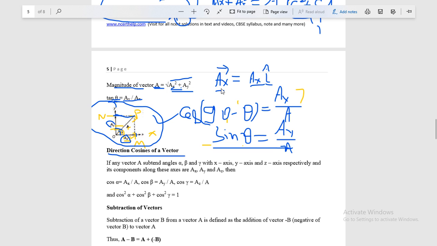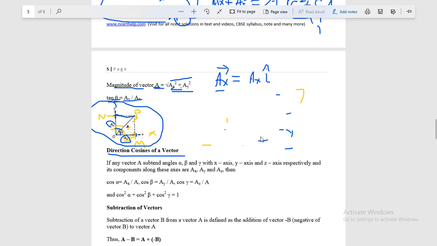Okay, now similarly for the y-axis you can write, so let me erase this part. Along the y-axis this can be written as ay vector is equal to ay j cap.